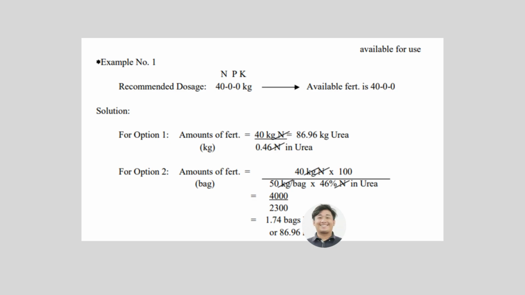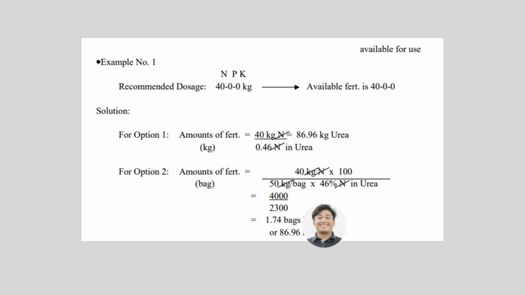So here, example number one, the recommended dosage is 40% of nitrogen. I think there is an error here. This should be 46.